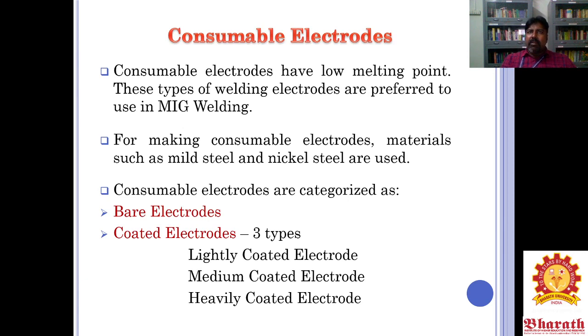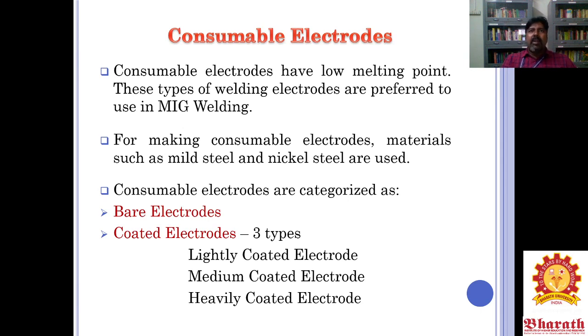Lightly coated electrode means very light, thin, very minute millimeter-level coatings we are adding, approximately 1 to 5% of the weight of the electrode. The main purpose of this lightly coated electrode is to increase the arc stability, called the ionizing coating.